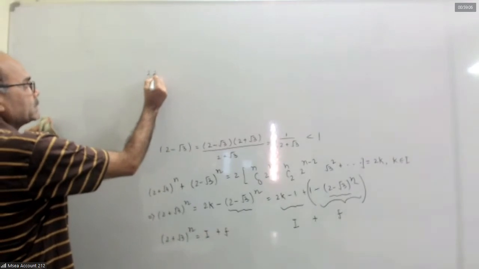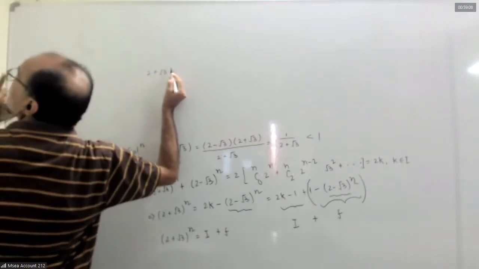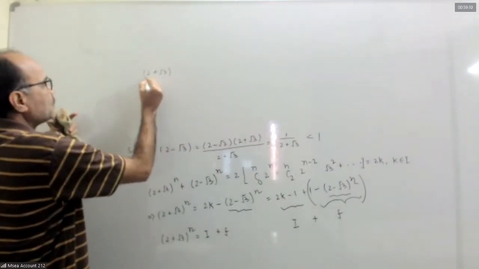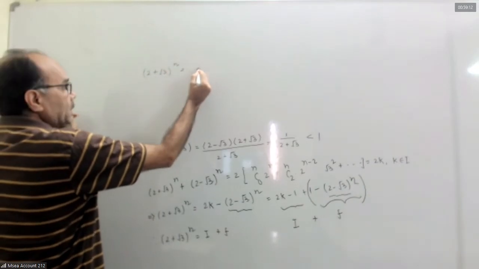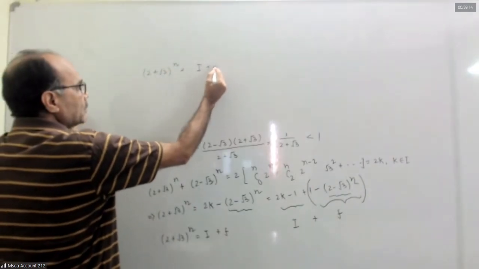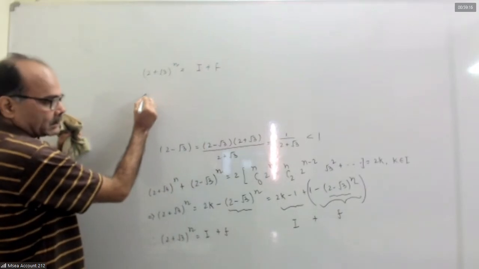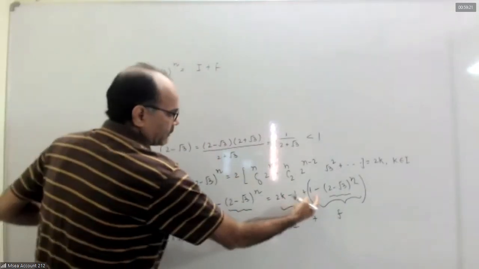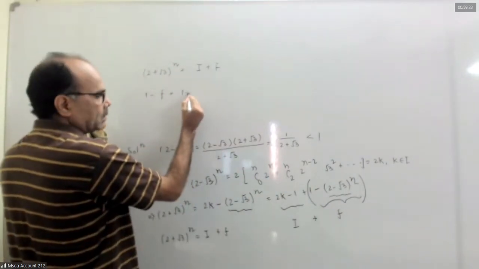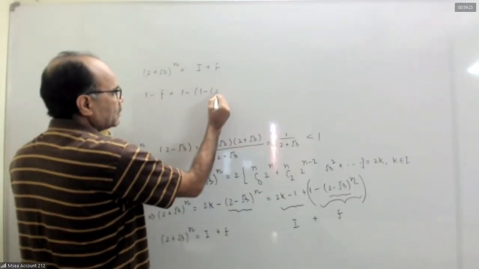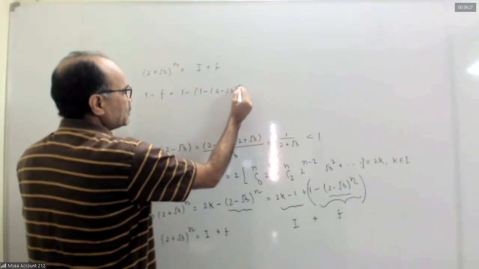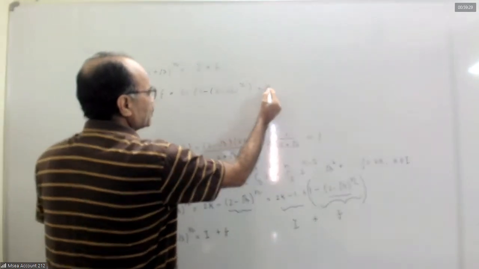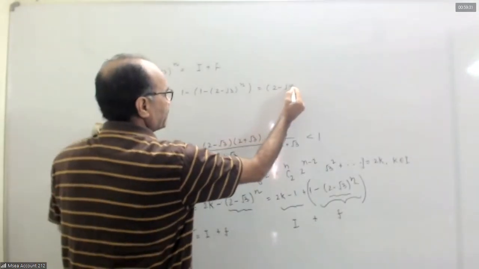Now 2 plus root 3 to the power n equals I plus f, and 1 minus f, 1 minus this, equal to 2 minus root 3 to the power n.